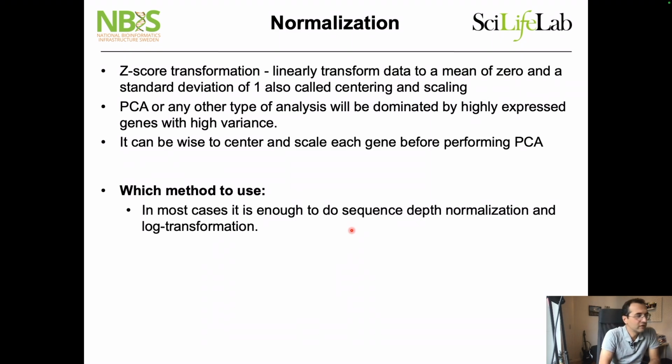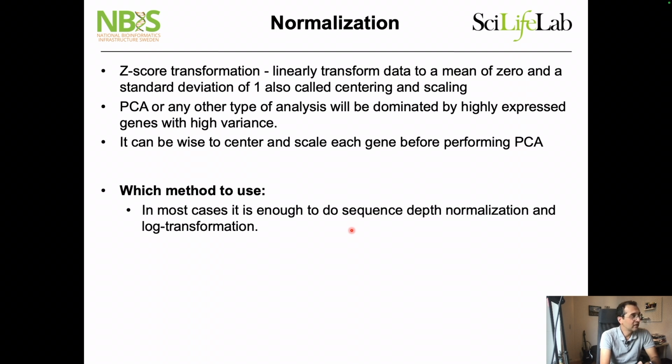The next point is z-score transformation. It is a linear transformation. You try to scale it in a way to have a mean of 0 and a standard deviation of 1, which is also called centering and scaling. And PCA is sensitive to highly expressed genes with high variance.